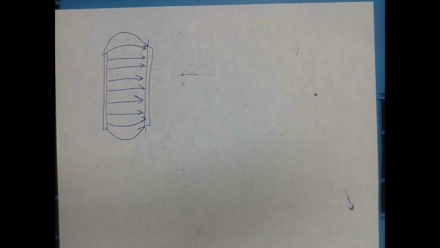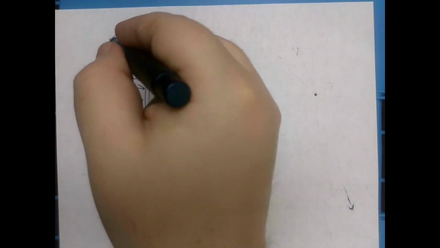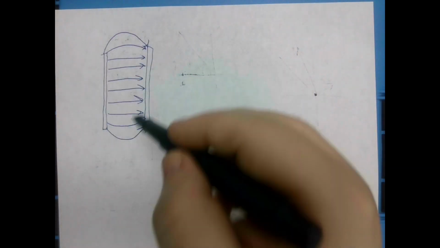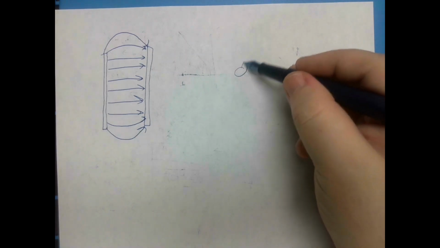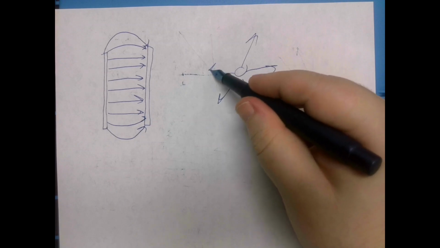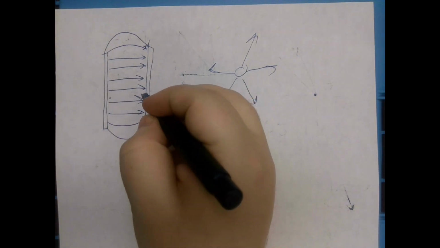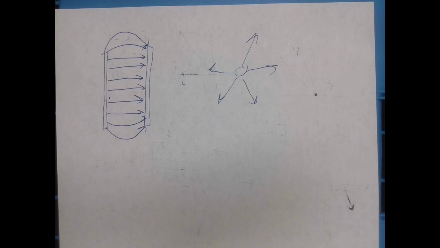So it's uniform, it's the same strength everywhere, except for close to the edges. And they're all parallel versus whenever you have something like this. Now they're all going in random directions. And I want to say it doesn't matter where you're at in it. Whether you're right here or right here, it's all uniform strength while you're in between the plates.